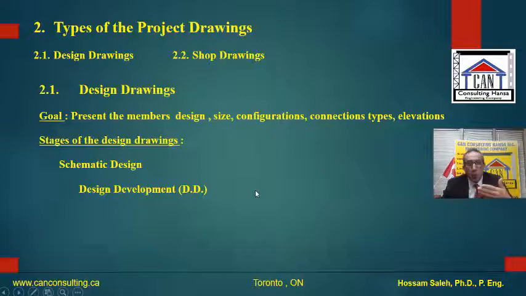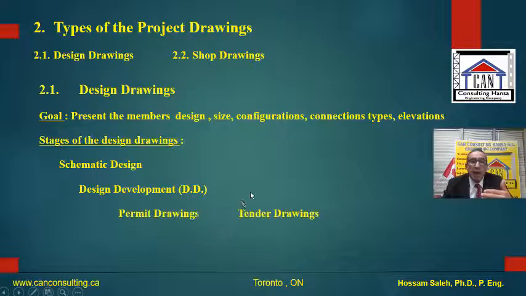We move forward with our design. And after a specific time or percentage of this design, we can say these drawings are now ready to go to the city, which means that we have enough information to satisfy the city requirements.